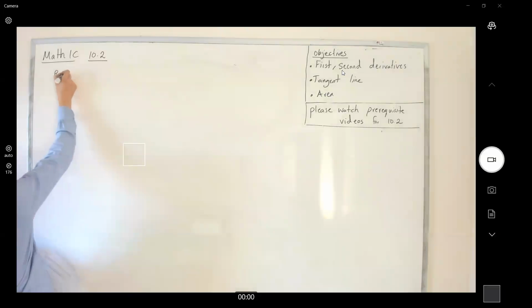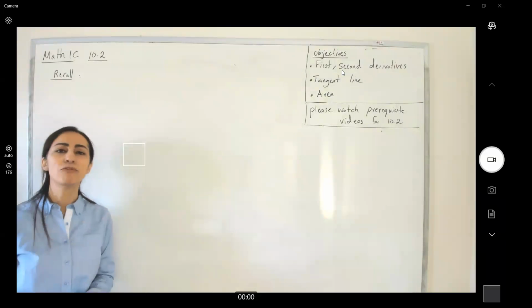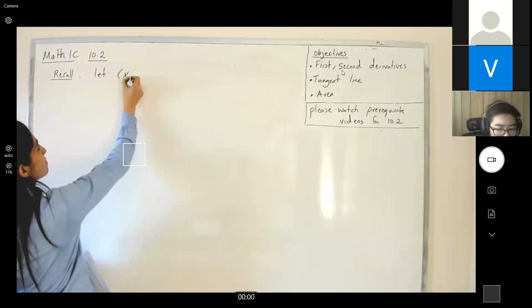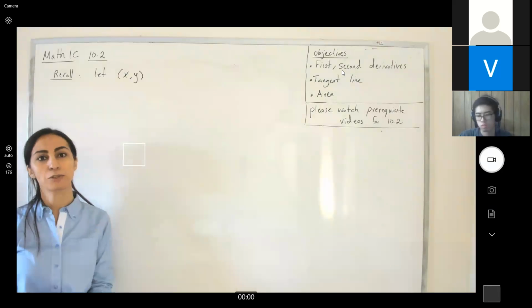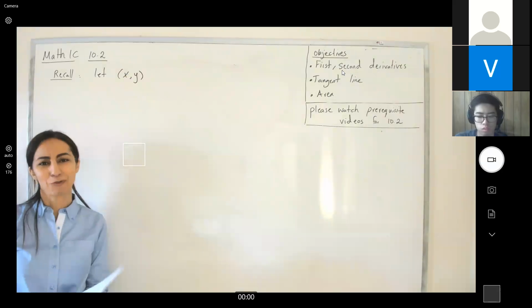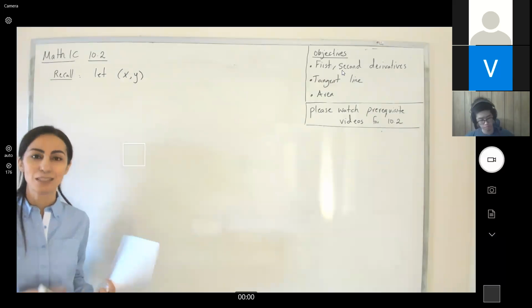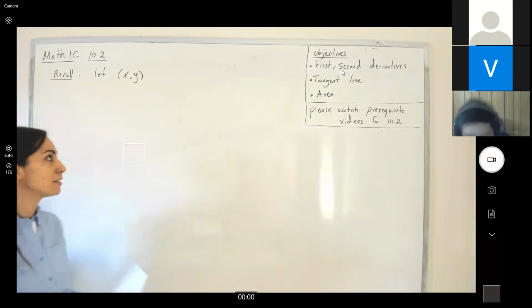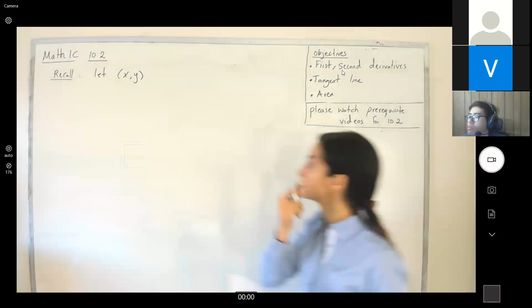Recall that we say, suppose you have a particle moving along a curve, and one of the points on that curve can be represented by using x and y. Remember that we said, let us use a third parameter, like an angle, like time, to connect x and y to that new parameter.